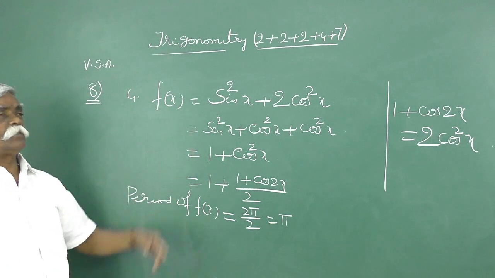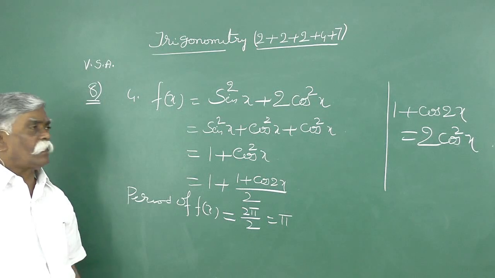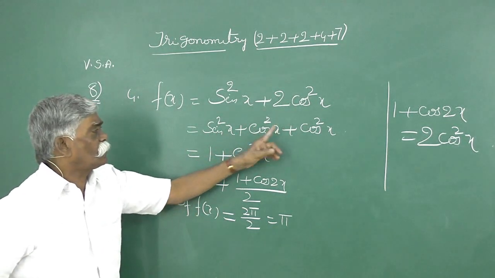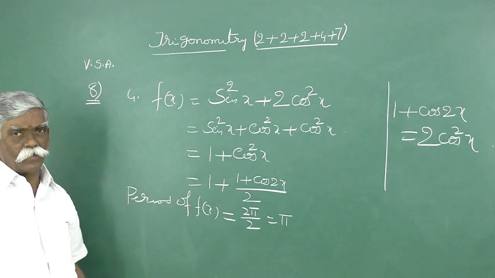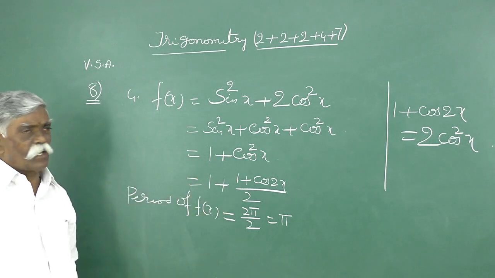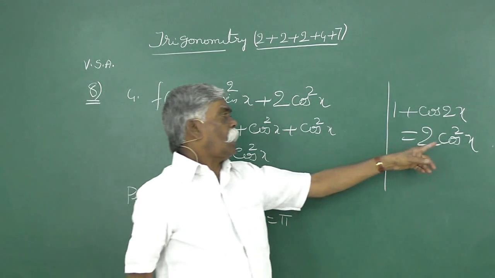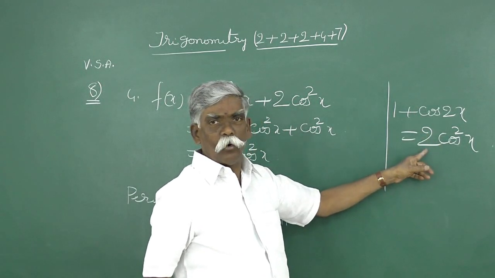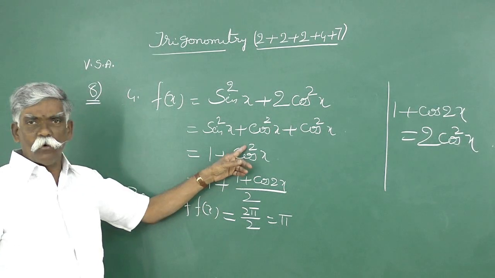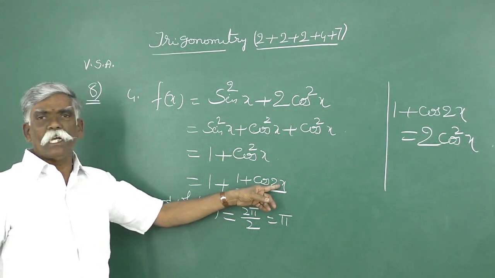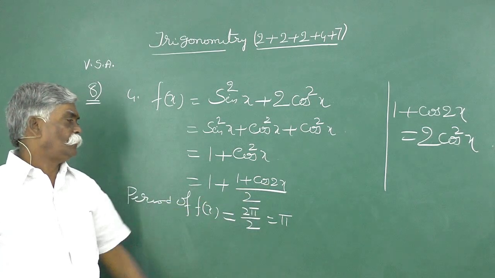So the given problem, sine square x plus 2 cos square x is written as sine square x plus cos square x plus cos square x, which is equal to 1 plus cos square x. Cos square x can be written as 1 plus cos 2x whole by 2 according to this formula. Now, the square is removed and the angle is expressed in terms of multiple.